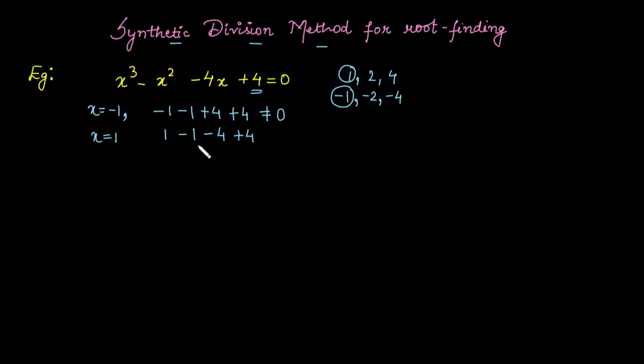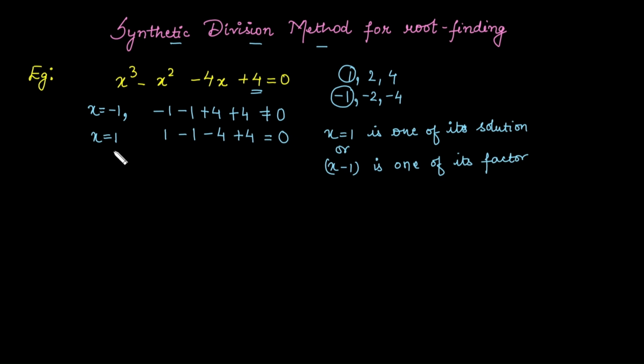Now 1 minus 1 is 0, minus 4 plus 4 is 0. So overall we are getting 0. It means x is equal to 1 is one of its solutions, or x minus 1 is one of its factors.